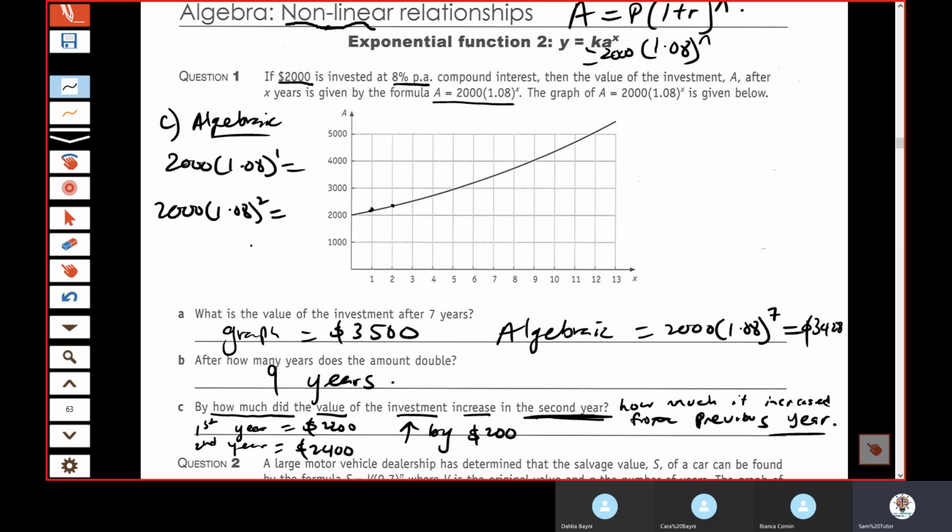So let's do that real quick. 2,000 times 1.08 to the power of 2 gives me 2,332.8. Power of 1 gives me 2,160. Subtract: 2,332.8 minus 2,160. Not a bad guess. Increase by $172.80. So, all good?